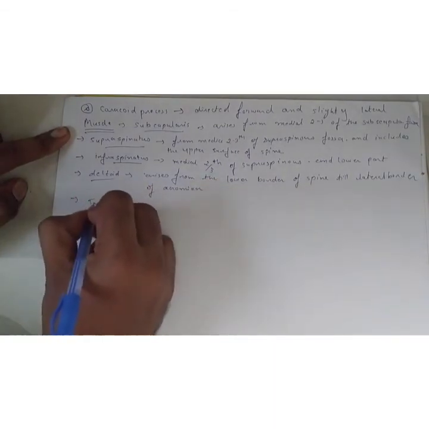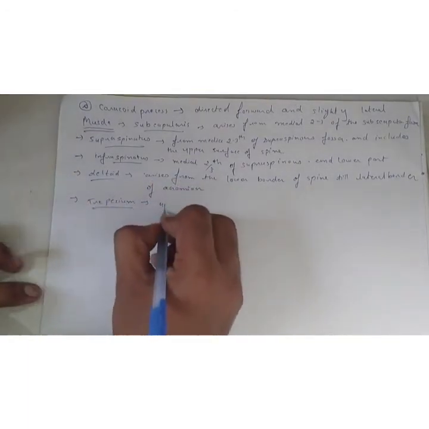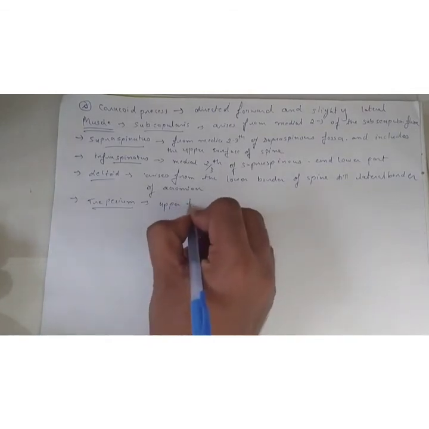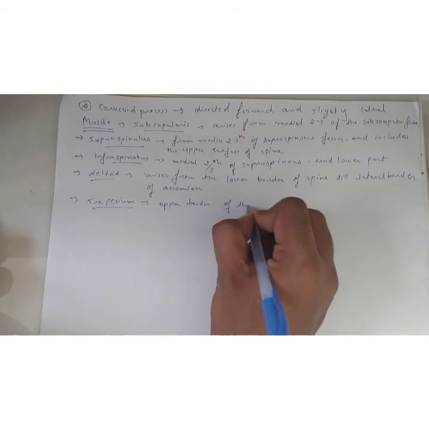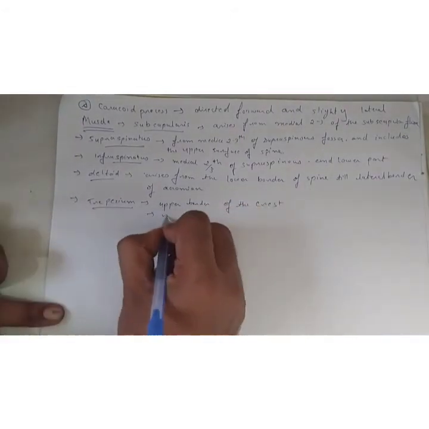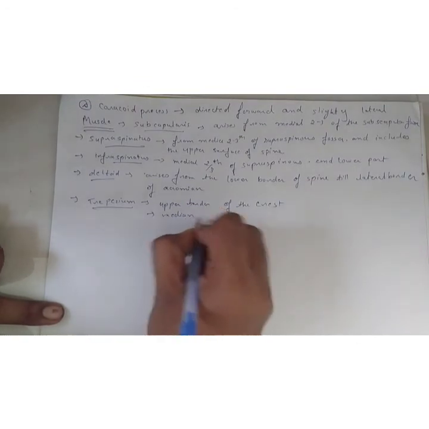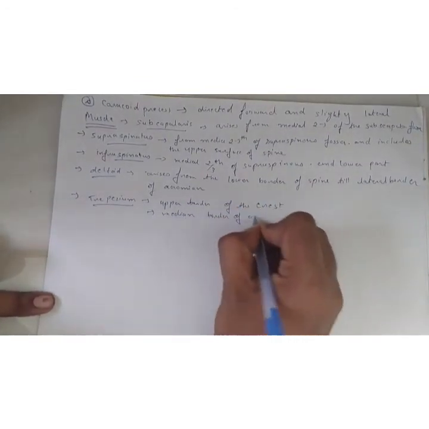Now comes the trapezius. It arises from the upper border of the crest of the spine and the medial border of the acromion.